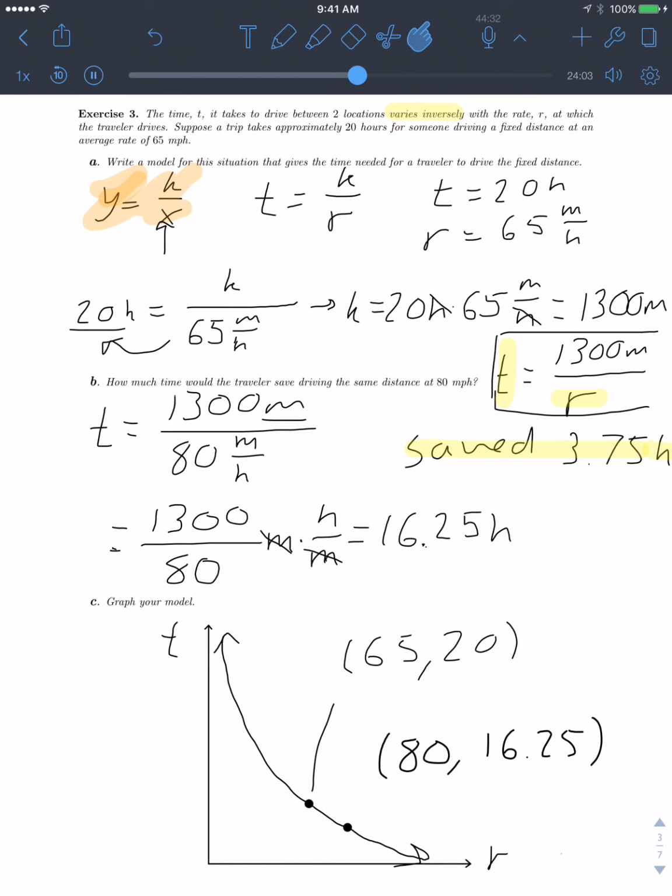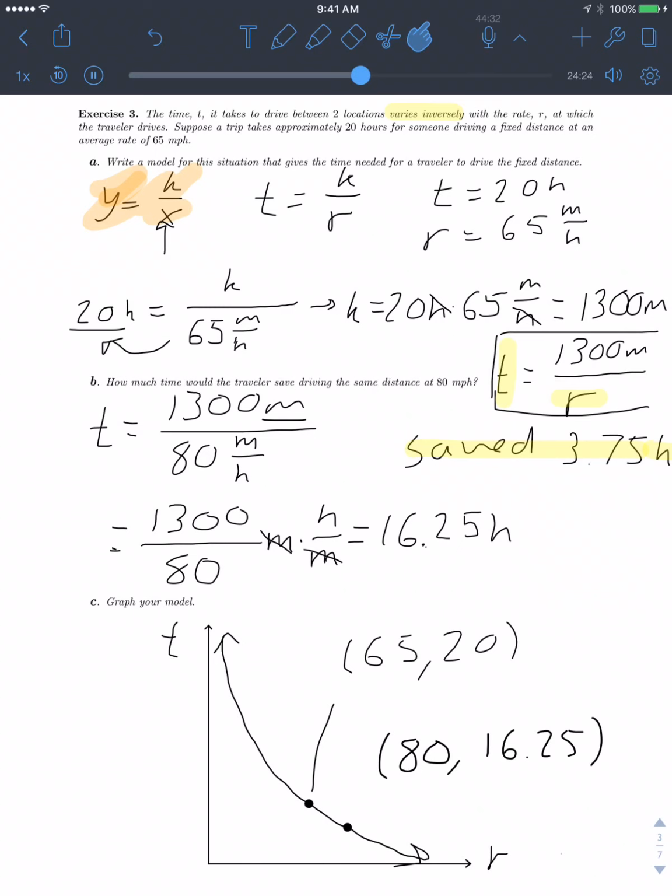Now, from this graph, it would imply that if we went slower, it would take longer. And that makes perfect sense, right? Since we have this intuition about velocity, about rate of travel, and time. If you go faster, you're going to get there sooner. If you go slower, you're going to get there later.